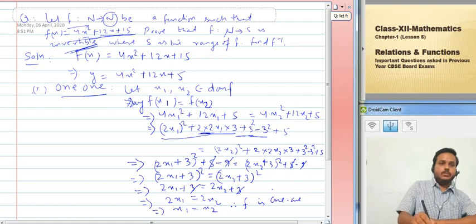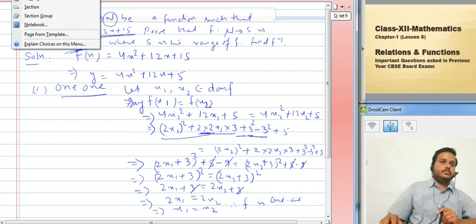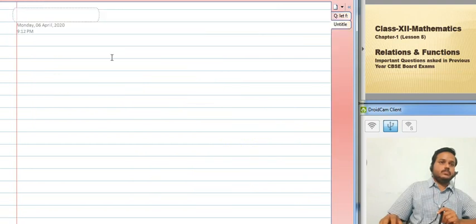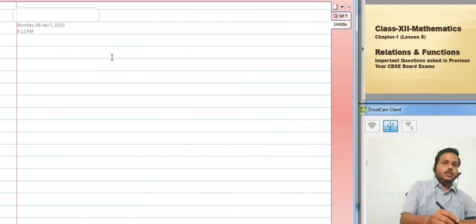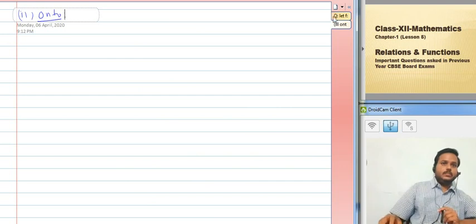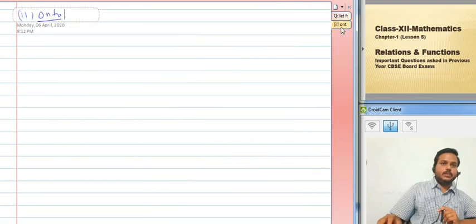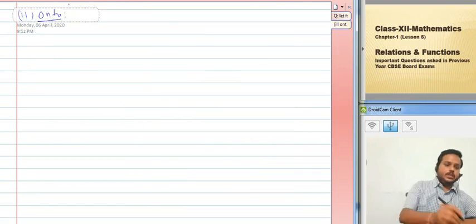Now let us prove whether f is onto or not. For onto, let me write f of x again: it is equal to 4x square plus 12x plus 5.